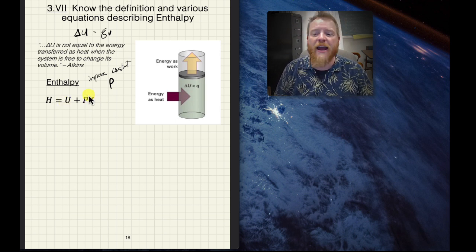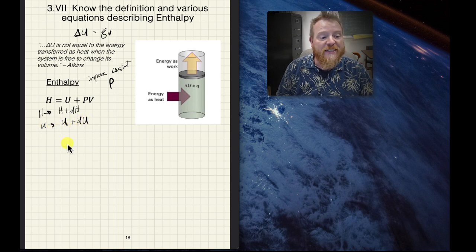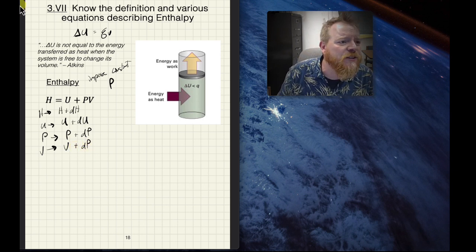We're going to play this game with calculus. We're going to allow H to tend from H to dH, U to tend from U to dU, P to tend from P to dP, and V to tend from V to dV.